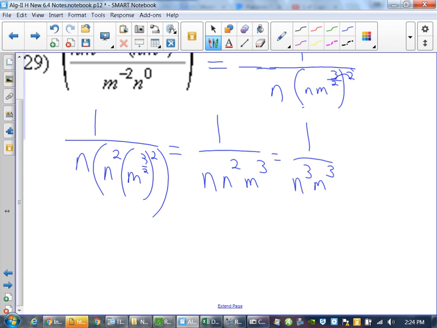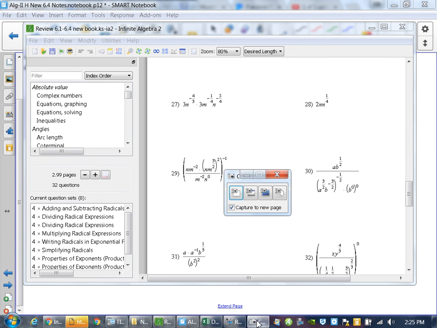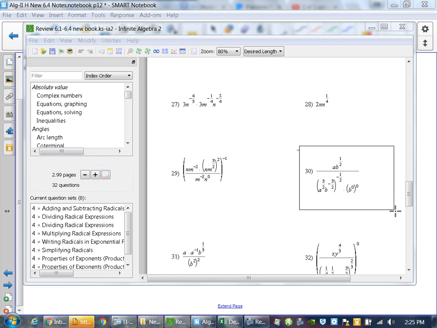It would distribute to both parts. This one was on the outside. No, not that one. This one? Yeah, I did it here. Oh, okay. I didn't see that. Okay, makes sense. Look at 30. Same basic idea.